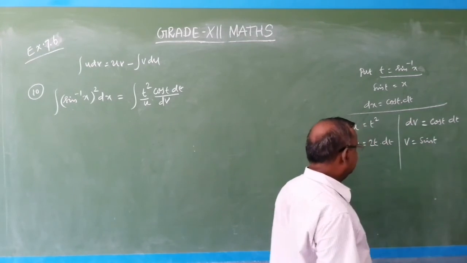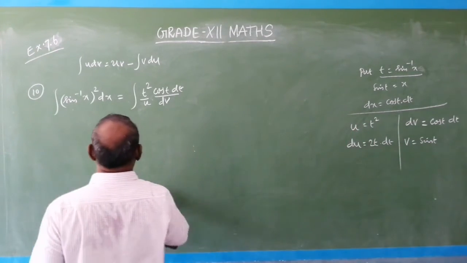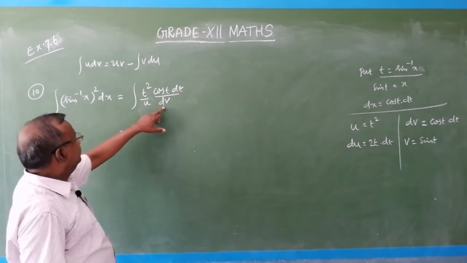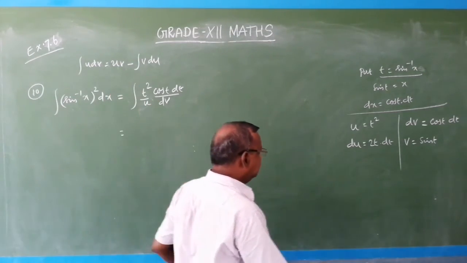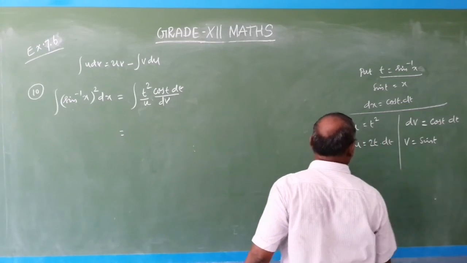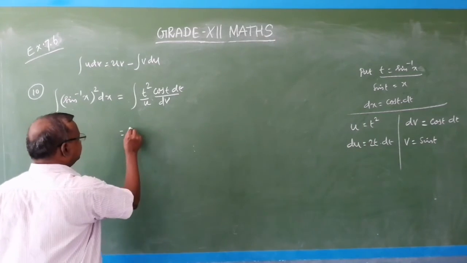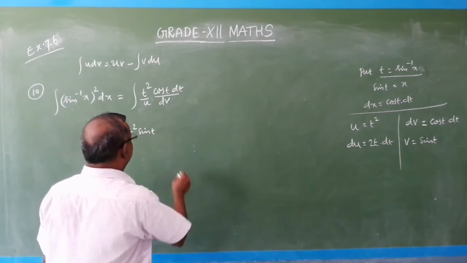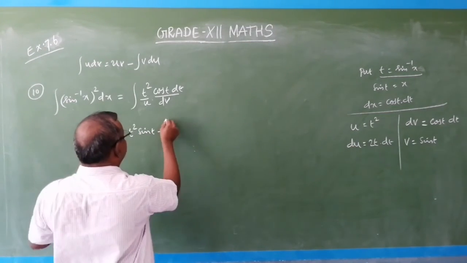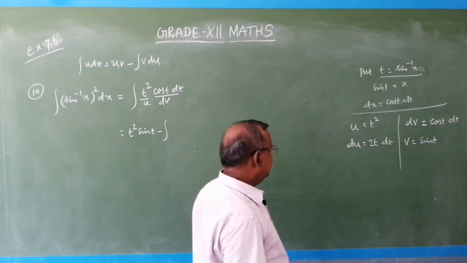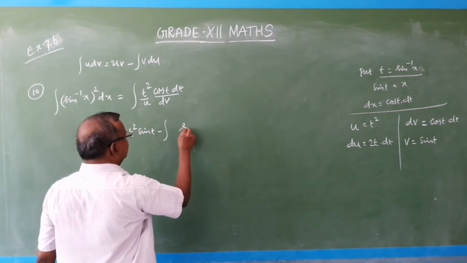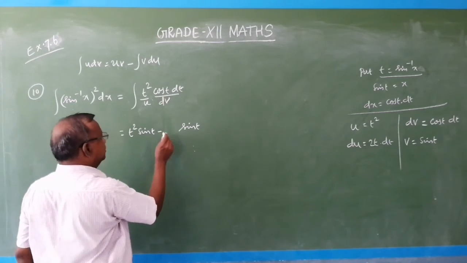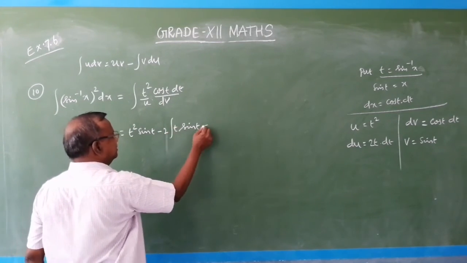Now, we know that integral u dv equals uv minus integral v du. So, uv means t square into sin t, minus integral v du, where v is sin t and du is 2 into t into dt.